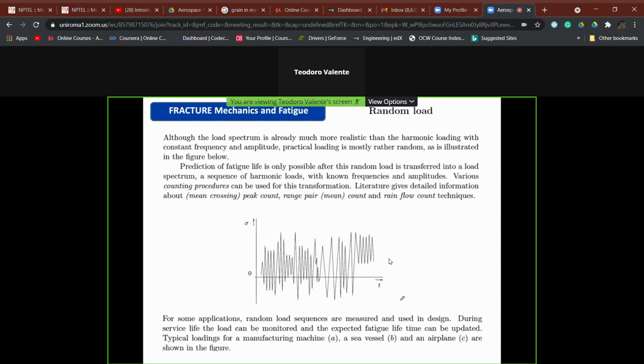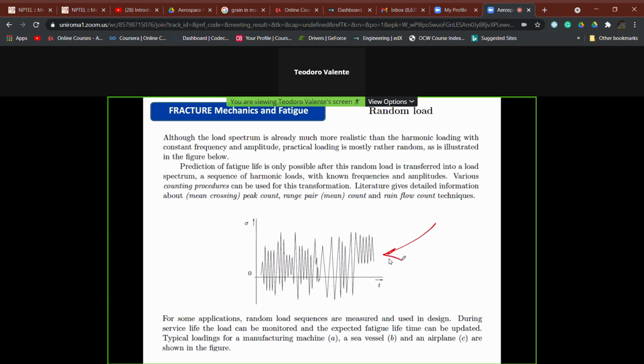If we want to make this approach a little bit more complicated, we can say that although the load spectrum is something more realistic with respect to the harmonic loading case, having a constant frequency and a constant amplitude, looking at real applications we should also add that practical loadings are in most cases random, as illustrated in this picture.